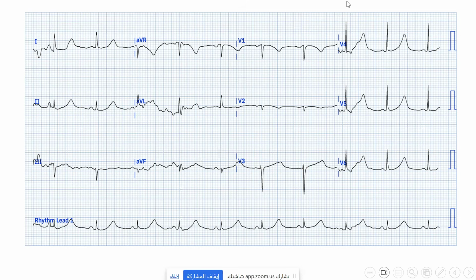So here, as you mentioned, sinus bradycardia, and you mentioned some artifacts, and the T wave is abnormal. Agreed with you. What is the striking thing in this ECG? You will be very worried about this patient. Prolonged QT.